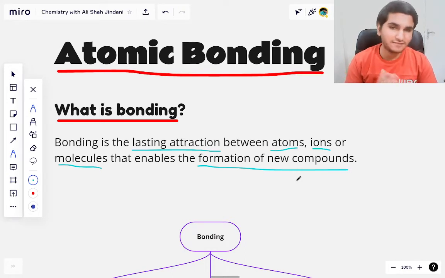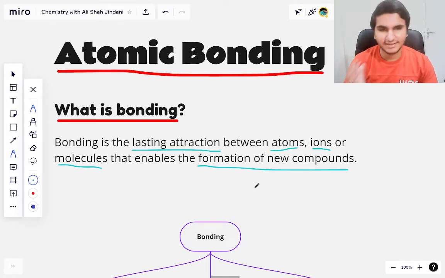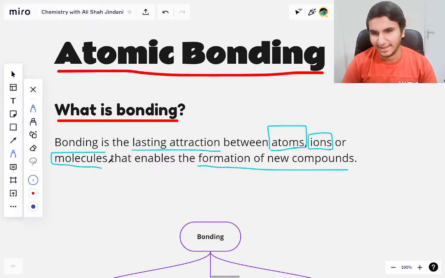You are taking these things and reacting them, and making new compounds out of them. Now you know about atoms, and as we proceed with this video, we are going to discuss ions and molecules as well, so don't worry about that.